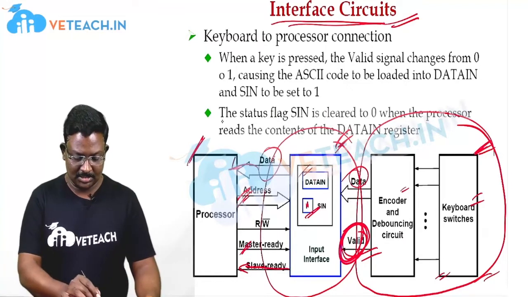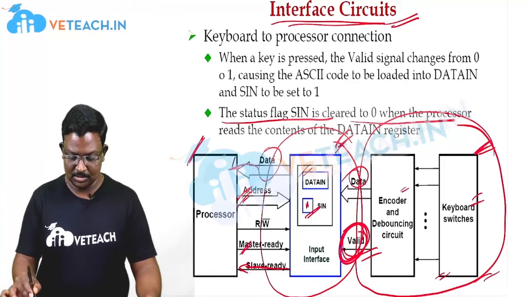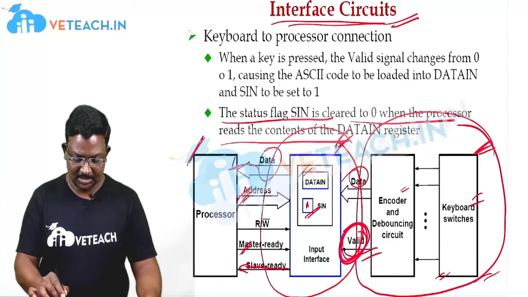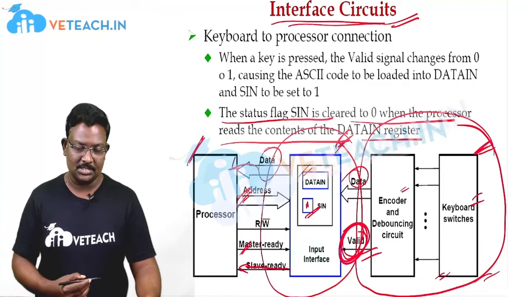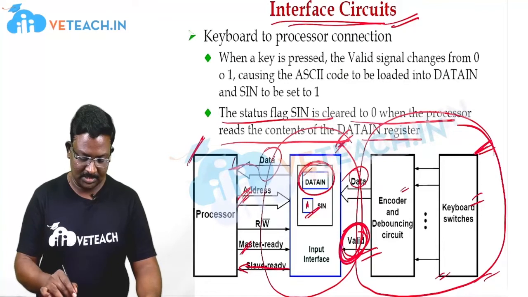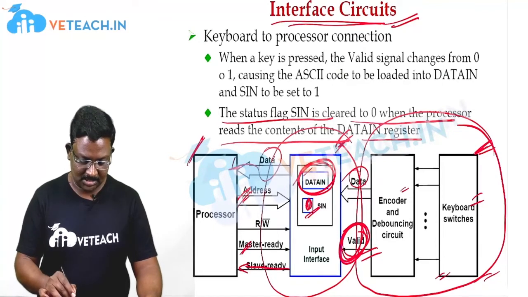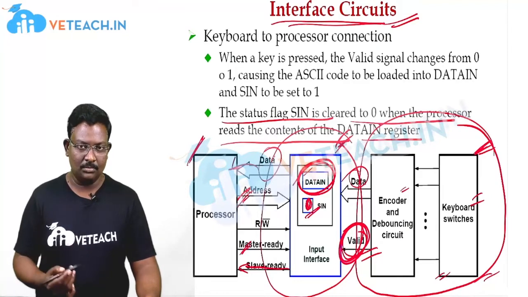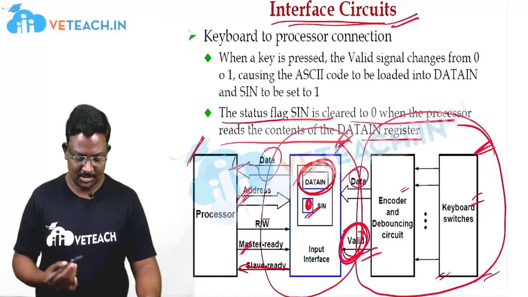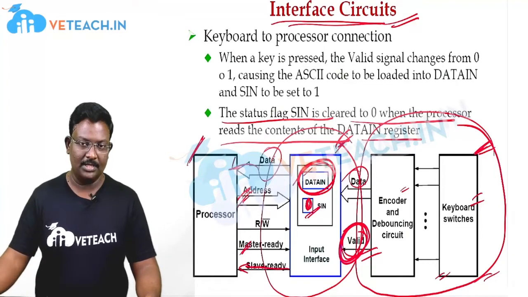The status flag SIN is cleared to 0 when the processor reads the contents of the data in register. After the data has been transferred from the data in register, the processor sets SIN to 0, indicating that no other character is being transferred from the keyboard.